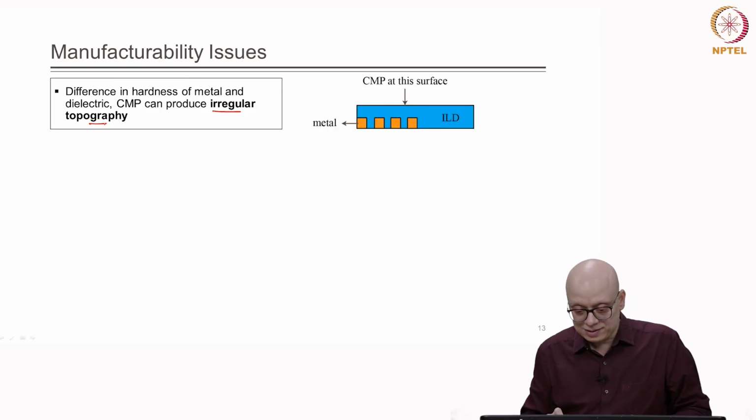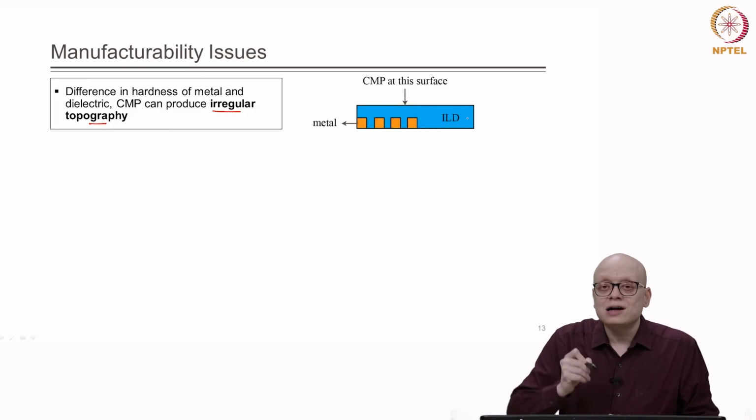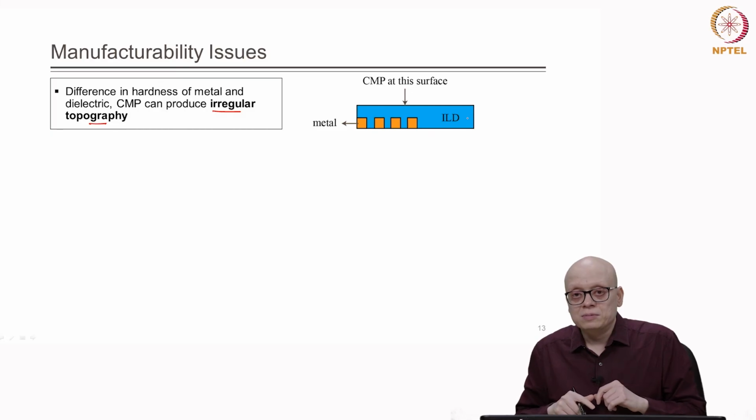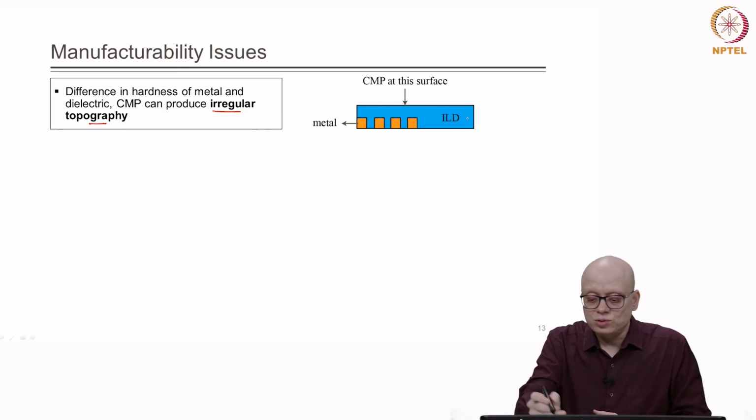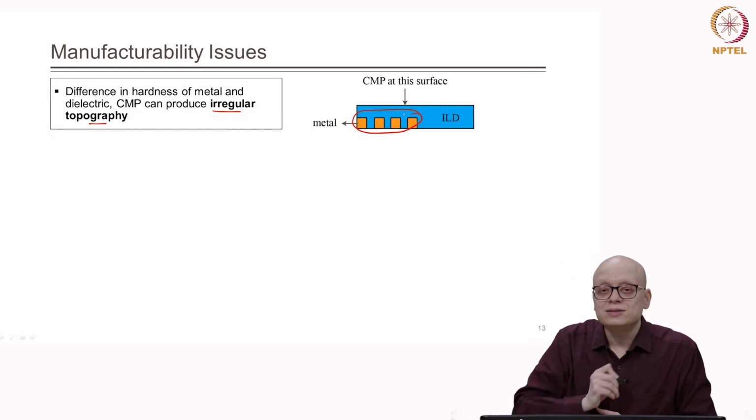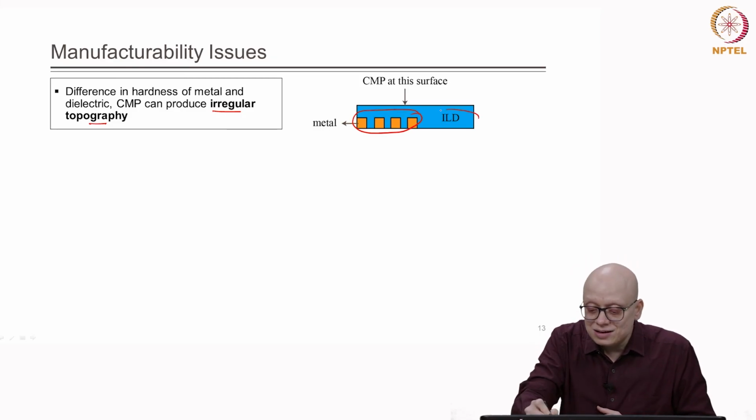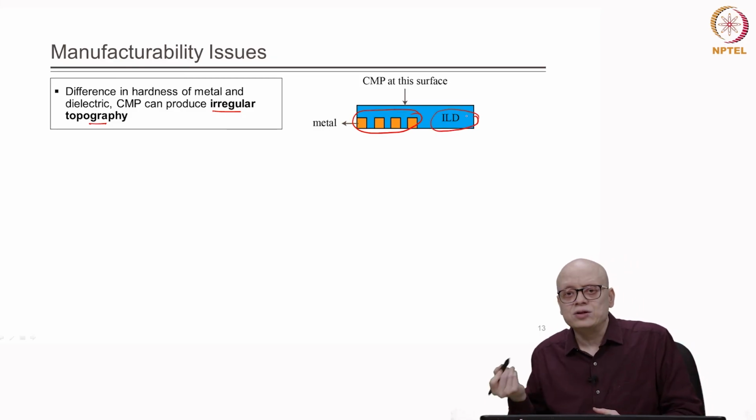What we mean by this is that suppose this was the side view of our chip, right. In this region lots of metal is there, and in this region there is only interlayer dielectric or SiO2, right.